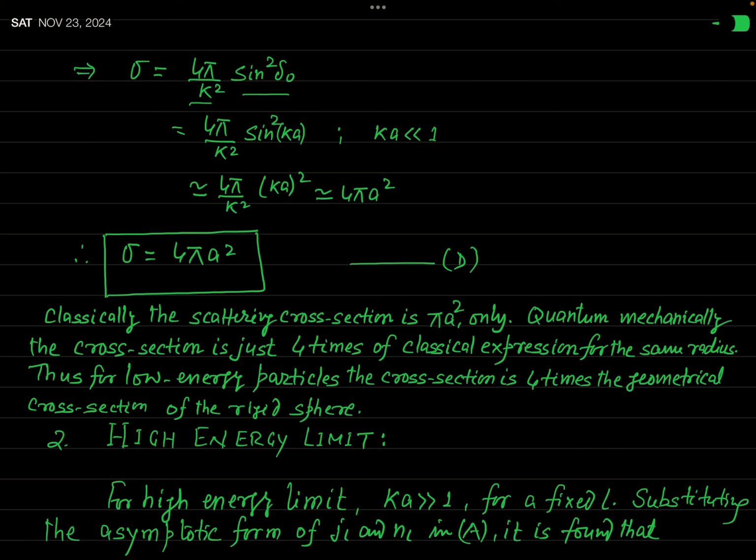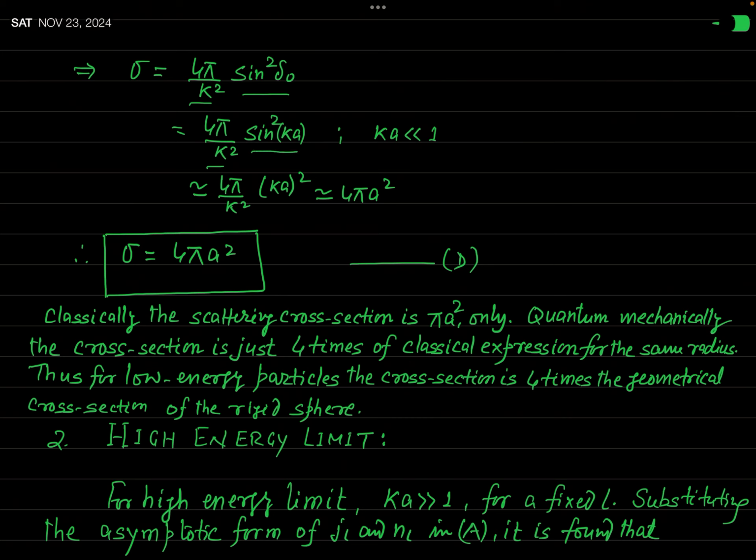But you have seen that this delta is equal to minus Ka. So sine delta naught will be equal to minus sine Ka, and when you square it, the minus sign will vanish, and this will be 4 pi over K square times sine square Ka.